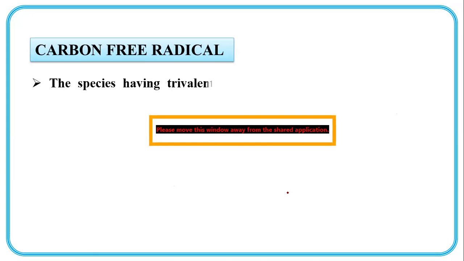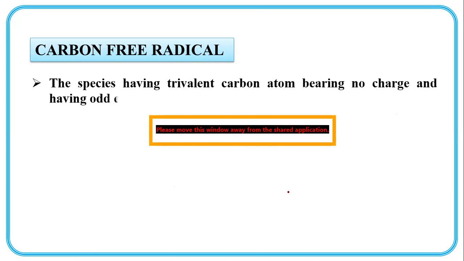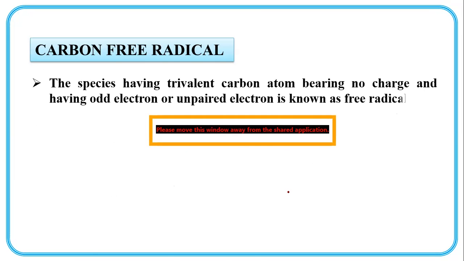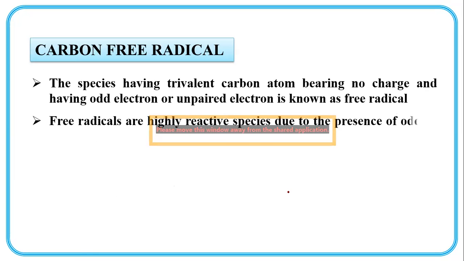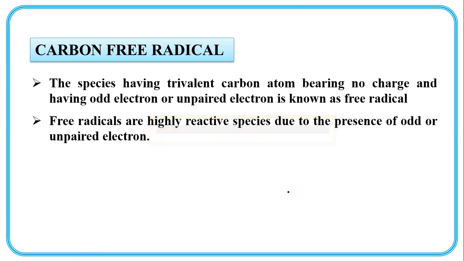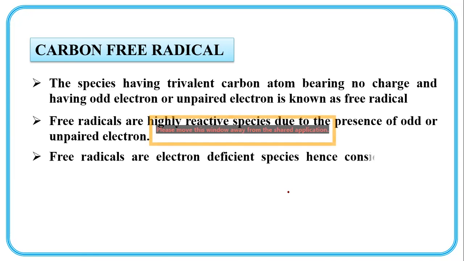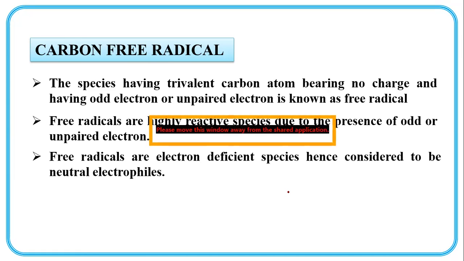Carbon free radical: the species having a trivalent carbon atom bearing no charge and having an odd or unpaired electron is known as a free radical. Free radicals are highly reactive species due to the presence of an odd or unpaired electron. These are electron deficient species, hence considered to be neutral electrophiles.